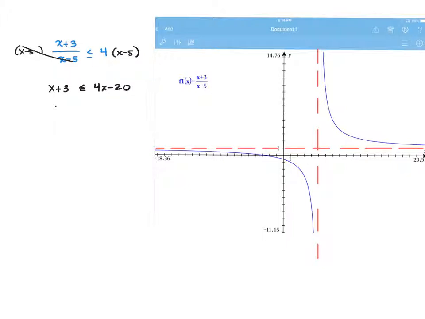And that is why we cannot and should not ever get rid of that denominator. That denominator is extremely important, because if you get rid of it, effectively what you have done is said that this vertical asymptote does not exist anymore, and clearly that vertical asymptote exists.